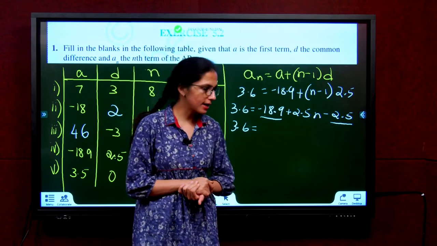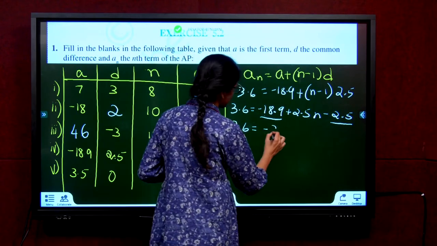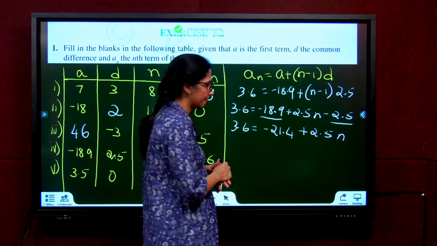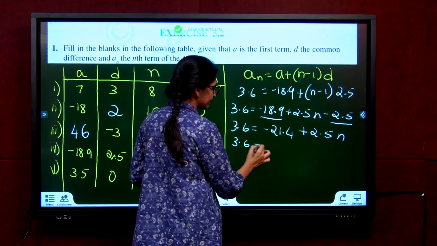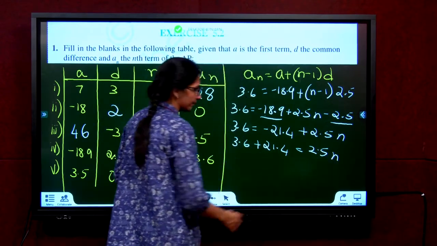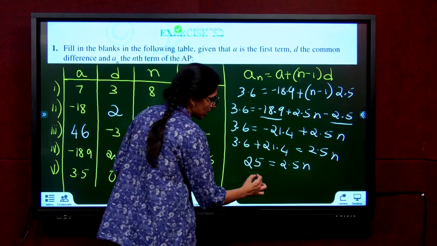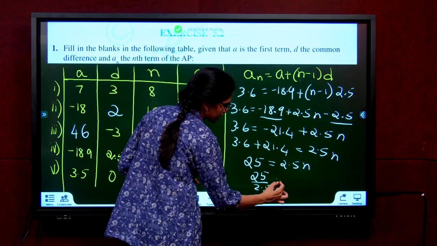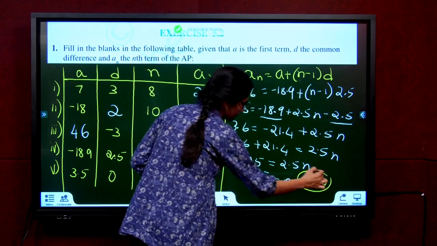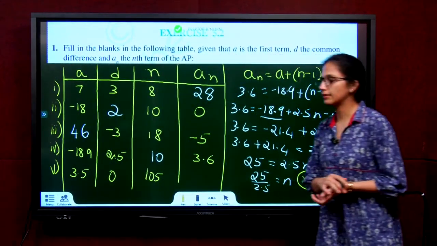Minus 20.9 minus 0.5 is minus 21.4 plus 2.5 N. Send this aside. 3.6 plus 21.4 is equal to 2.5 N. Add this. 25 is equal to 2.5 N. 25 by 2.5 is equal to N. So substitute here and you will find N is equal to 10.